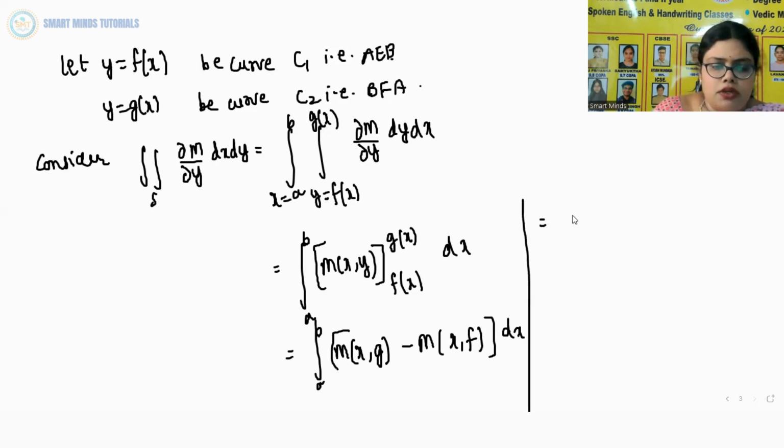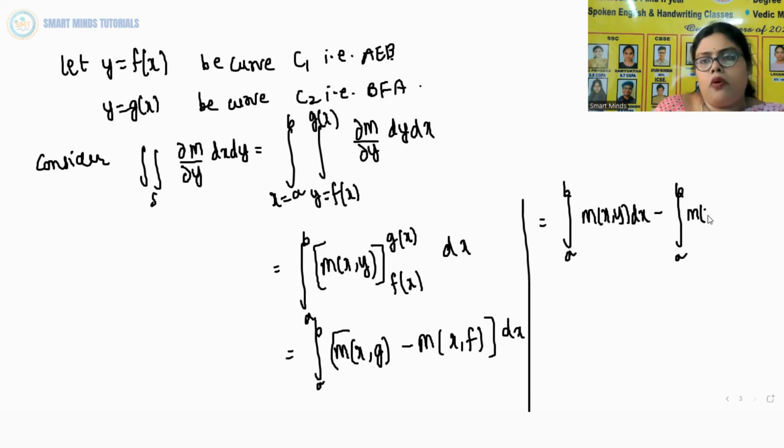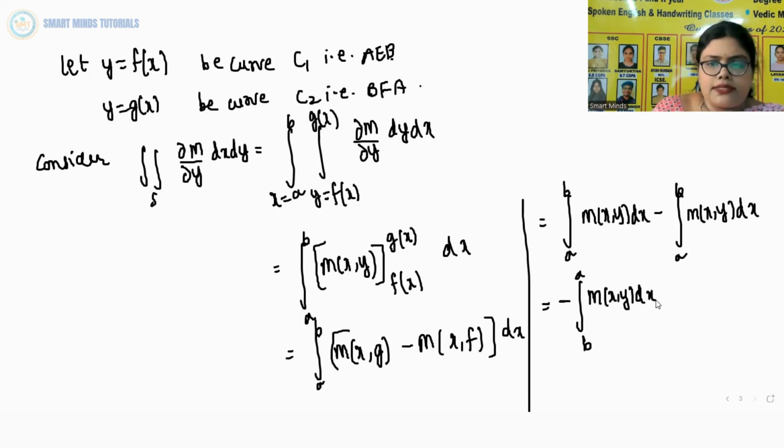So which is equal to the integral a to b of M(x, g(x)) dx minus the integral a to b of M(x, f(x)) dx. Now here we interchange the upper limit and lower limit. We need to take a minus outside whenever we interchange the limits. So that is the integral b to a of M dx minus the integral a to b of M dx.